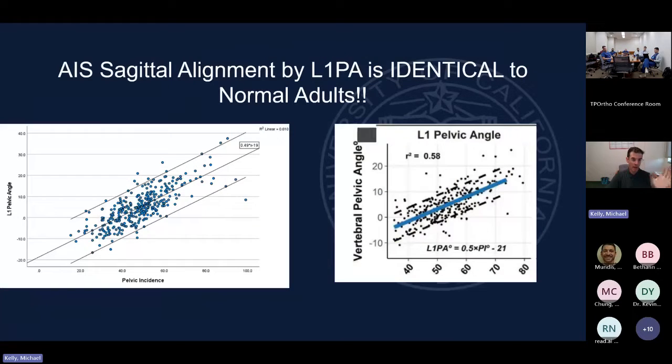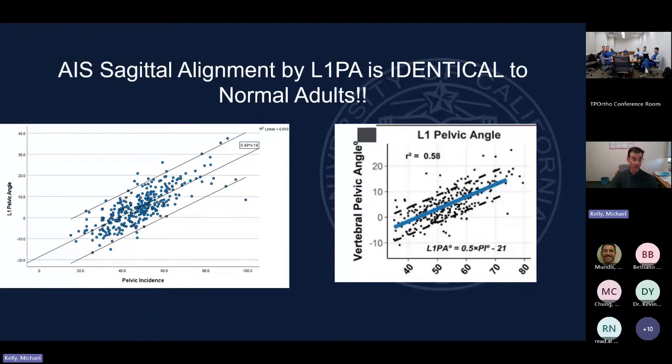And when we measure the L1 pelvic angle, on the left-hand side here, this is the L1 pelvic angle in preoperative HARMS study group patients. The R squared is 0.6. The equation is 49% of PI minus 19. That is, for me, identical to a normal standing adult.